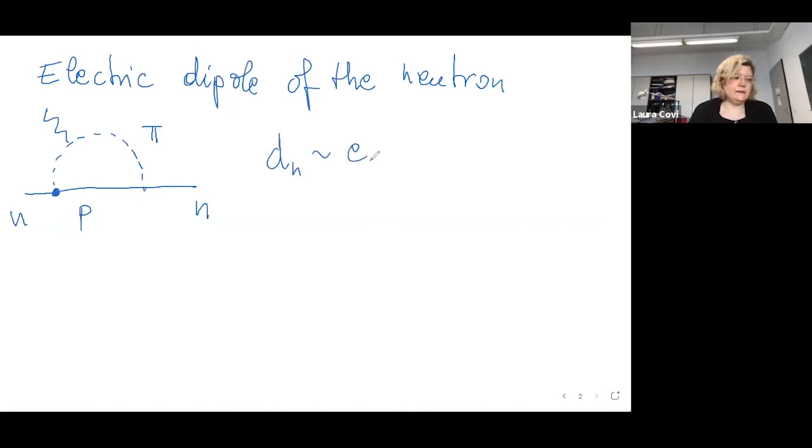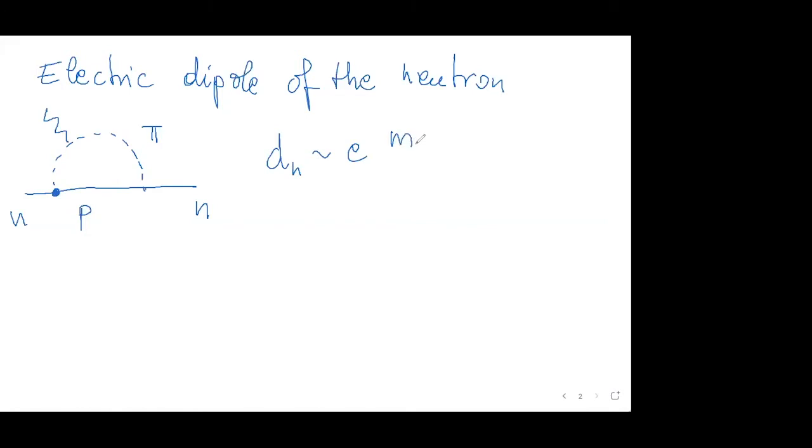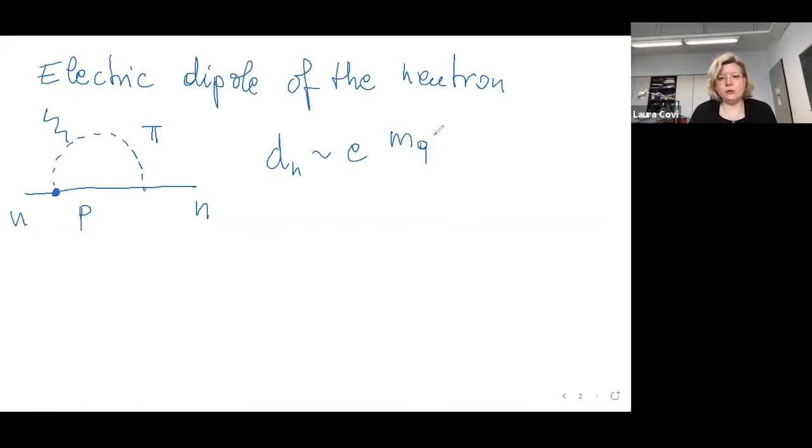It's the charge, of course. You have the mass of the quark, because you can rewrite that term by, in some sense, rotating it into the quark mass, divided by the mass of the nucleon, and the theta term. And of course, other constants, which I'm not writing here.